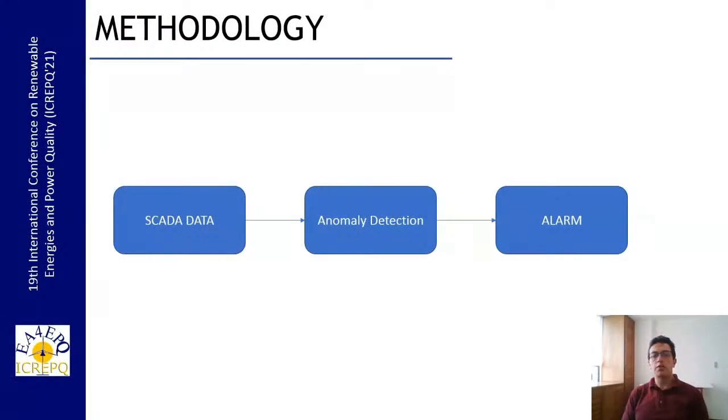First of all, we extract information from SCADA data. After this, the information is processed by an algorithm trained to identify anomalies, depending on certain parameters. The classification is anomaly or normal sample. This triggers an alarm to prevent those types of failures.